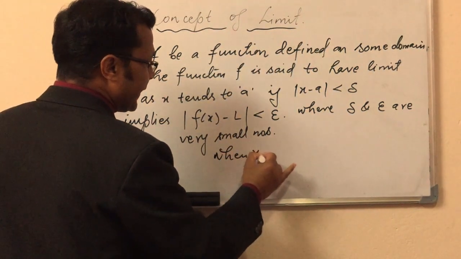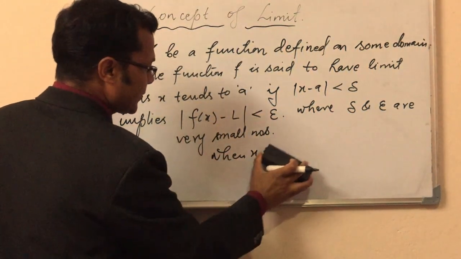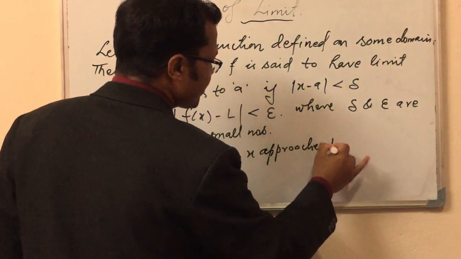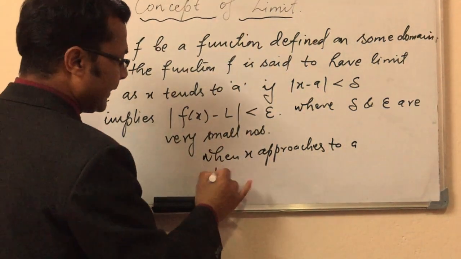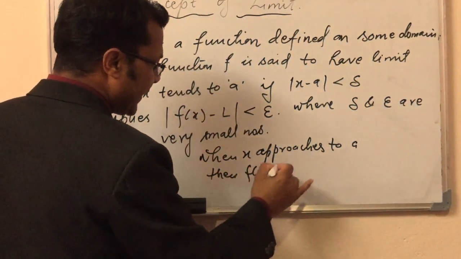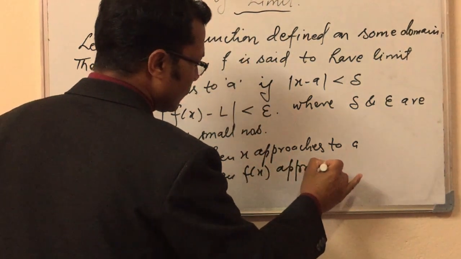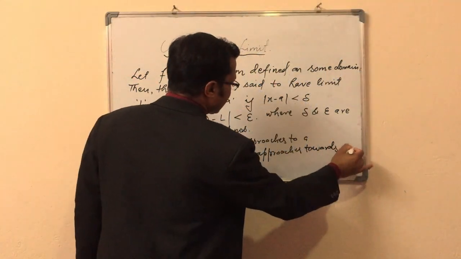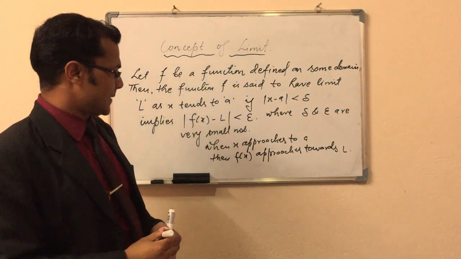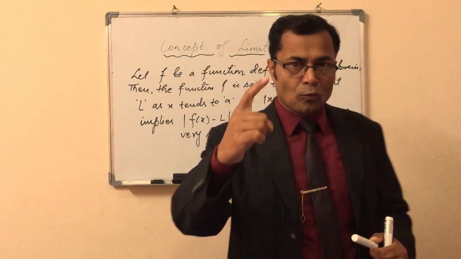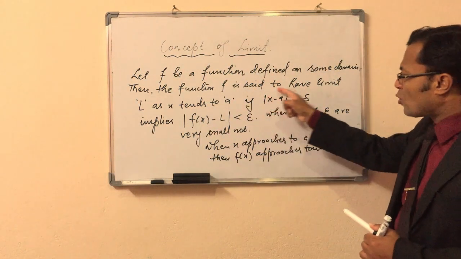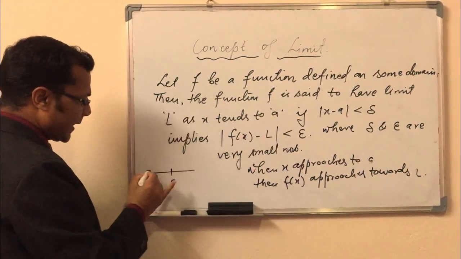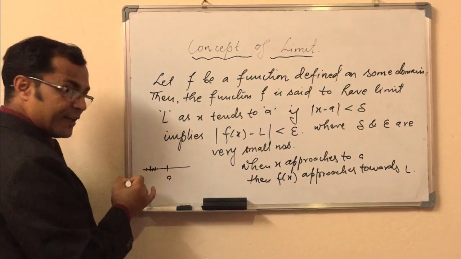It means that when x approaches a, then f of x approaches towards L. When you drag this x towards a, you can see over here, this is a, and here are many values of x.